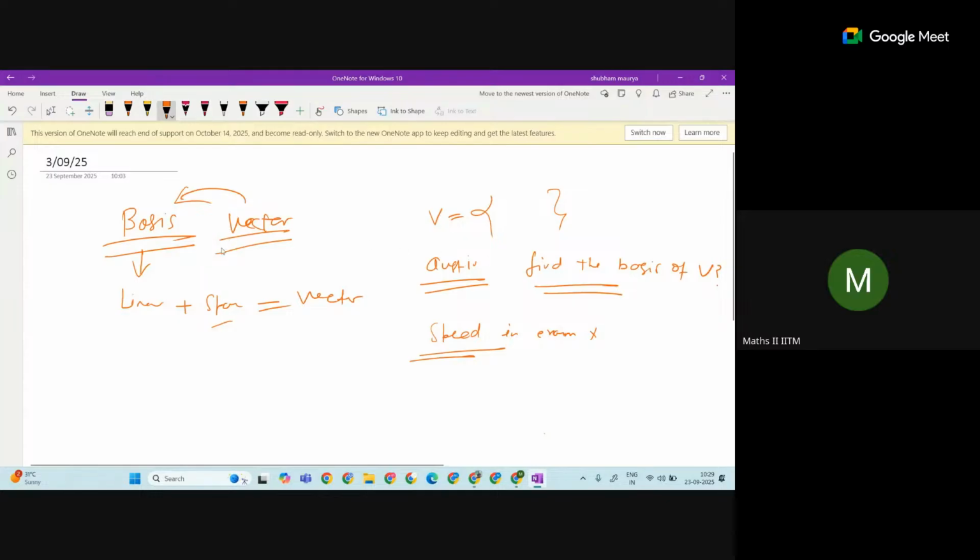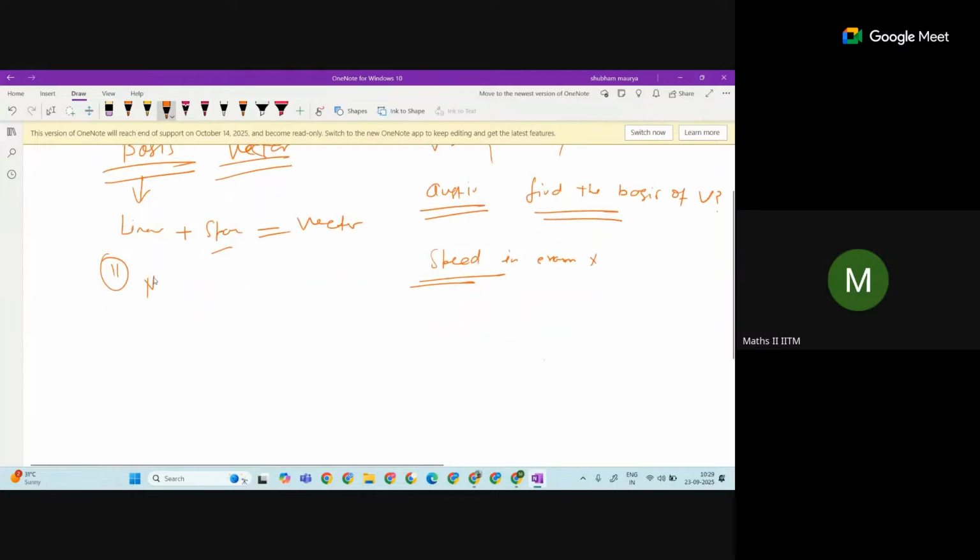If you understood the concept and did some problems, at least for the graded assignment and practice assignment, don't only see the solution. Take pen and paper and write.